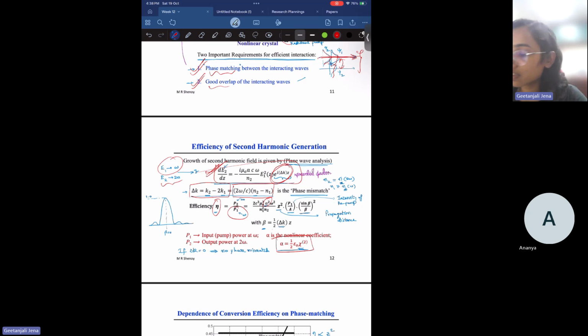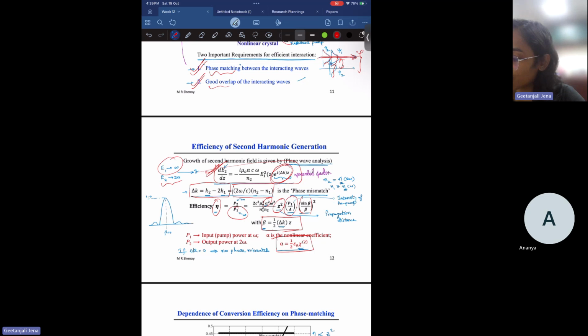The other dependence is on the propagation distance z. It depends on the second power of z. And one is the intensity. It is directly proportional to the intensity of the pump, that is P1 by A, and it has a sinc function, sine beta by beta square, where beta is half delta k z.